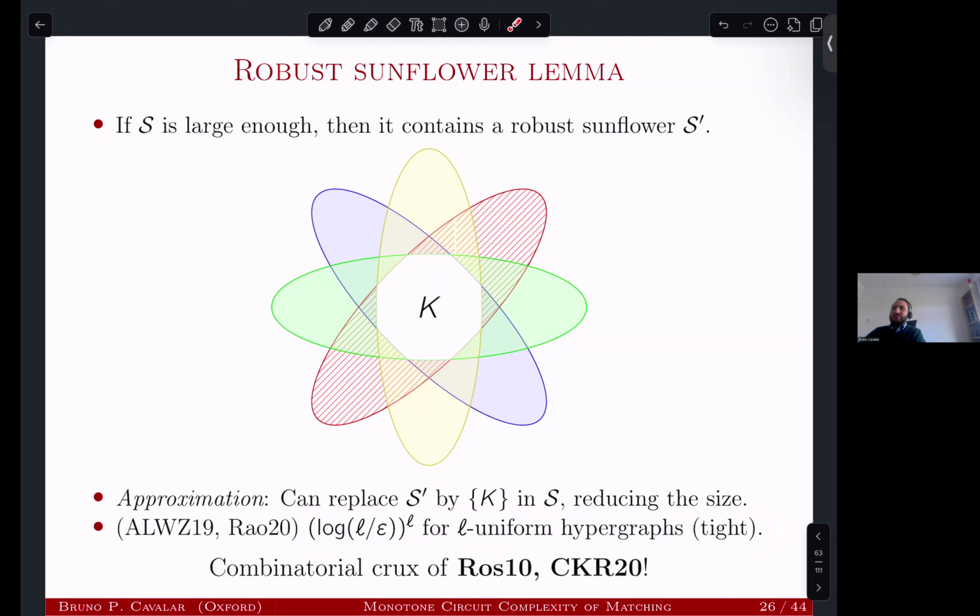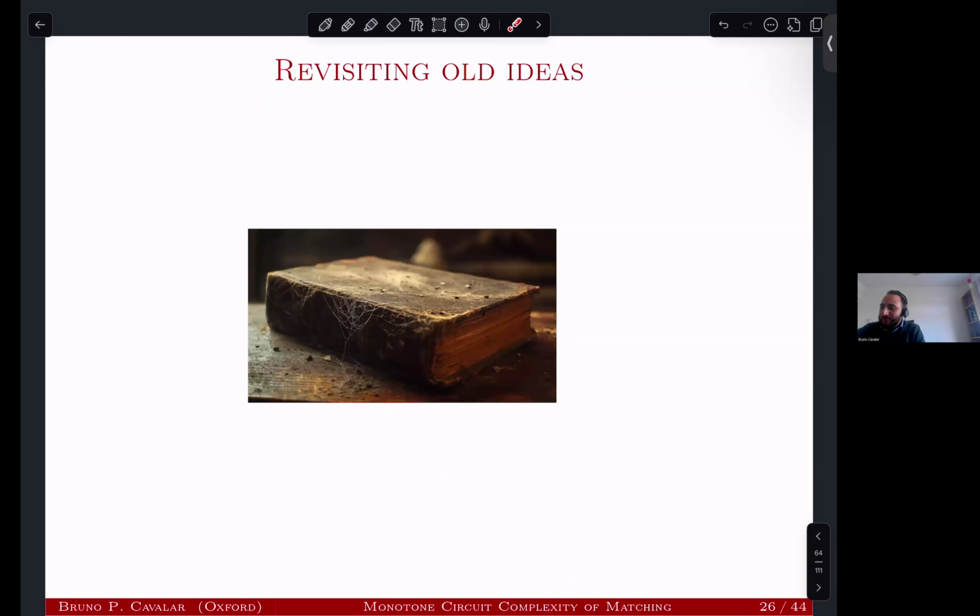Let's now switch gears to understand how this plays out in the setting of perfect matching. I was working on another problem, and I think some of you may remember I was very interested in this problem about AC0 and monotone circuits. Maybe I'll have time to talk about it at the end.